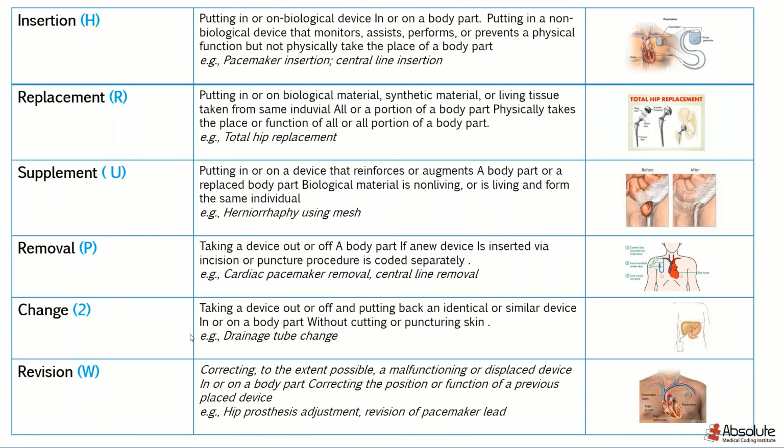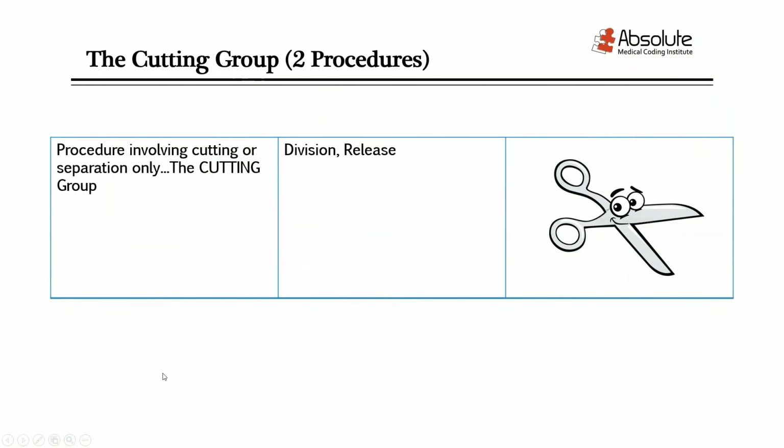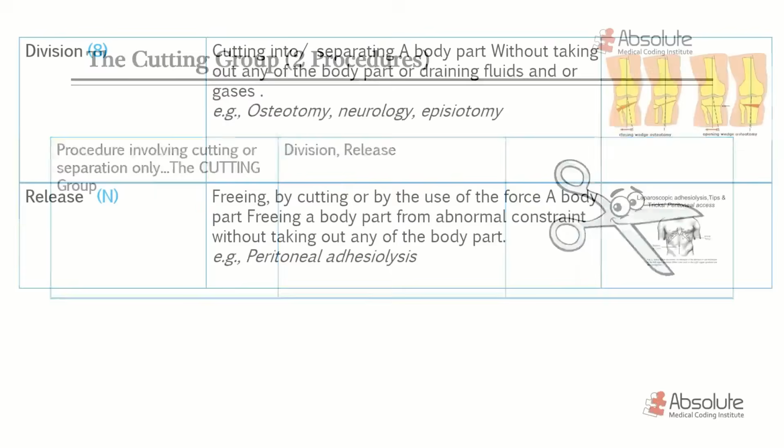All right, coders, say goodbye to the device group and let's say hello to the cutting group. There are only 2 procedures in the cutting group. Who'd have thought? The cutting group are procedures that involve cutting or separating only. Division and release are members of the cutting group.